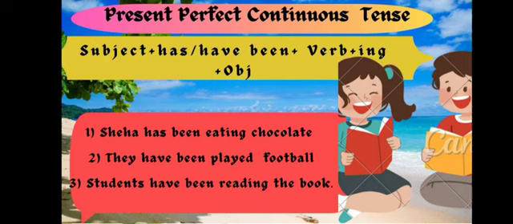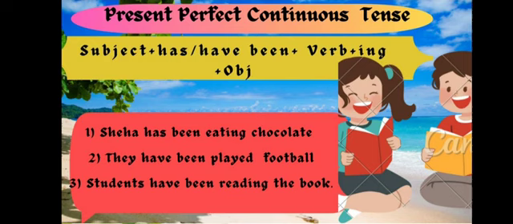Here we have the present perfect continuous tense, and it is a very interesting and important one. See here the formula is subject plus has/have been plus verb plus ing plus object. Here the example is Sneha has been eating chocolate.